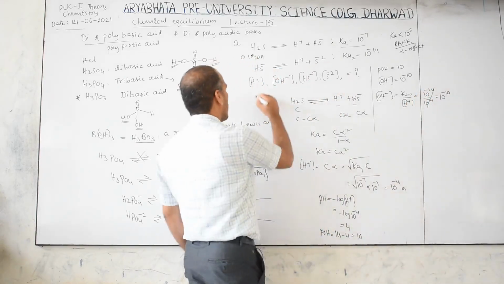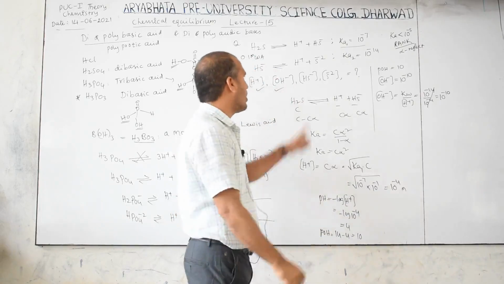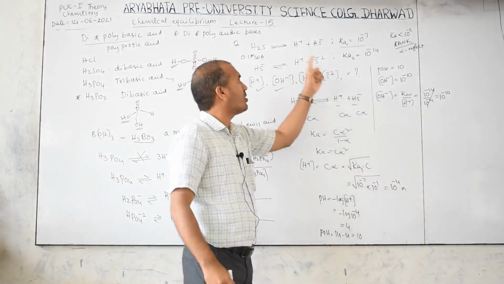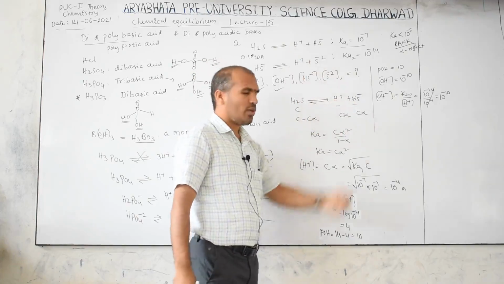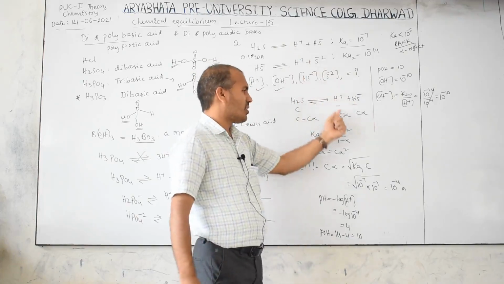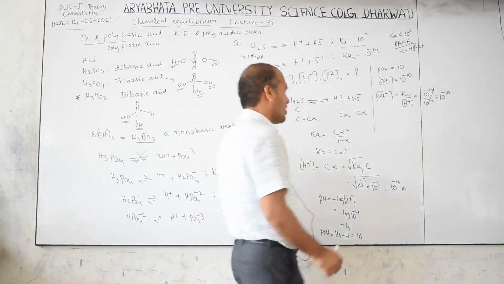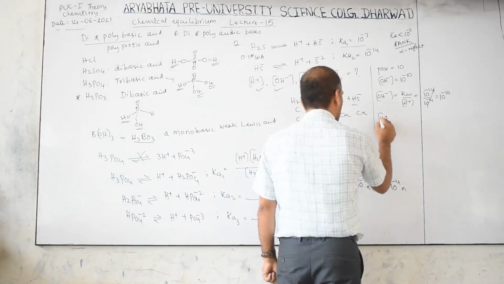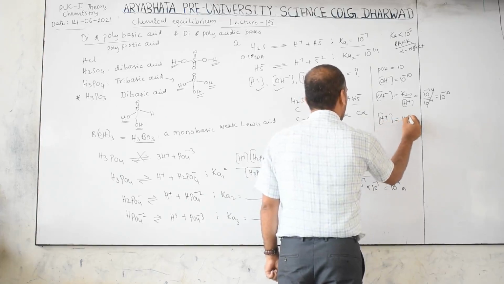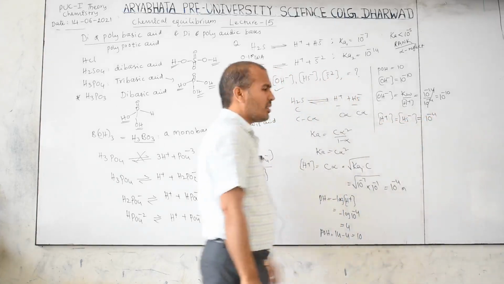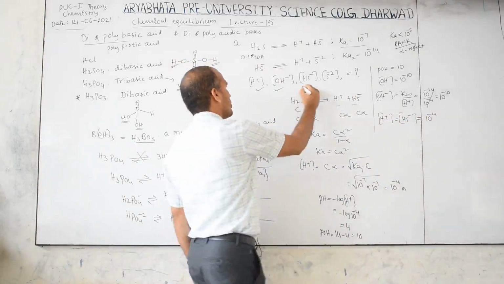Now these two are completed. Then HS minus concentration: both are 1 mole, so H plus ion concentration is C alpha, and HS minus is also C alpha. Therefore HS minus ion concentration is 10 power minus 4. This is very clear, so this is also completed.